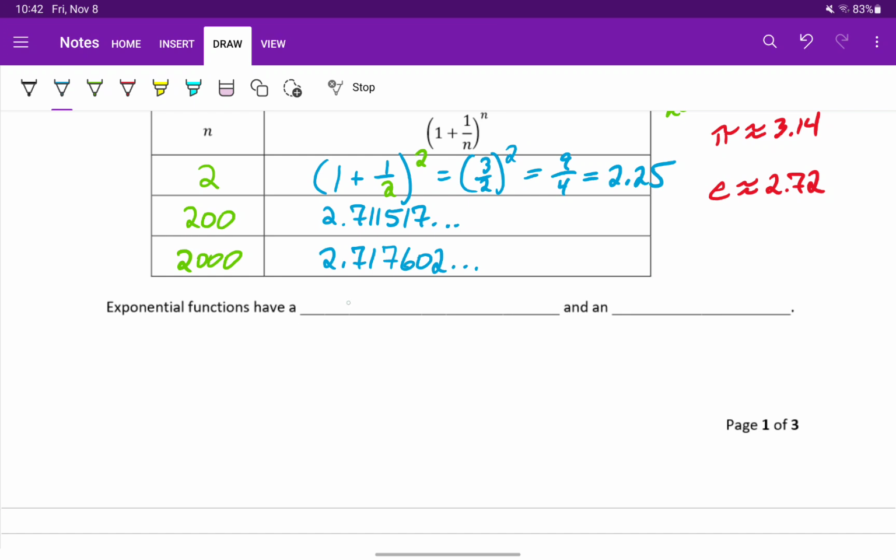All exponential functions have two components: a growth rate and an initial value.